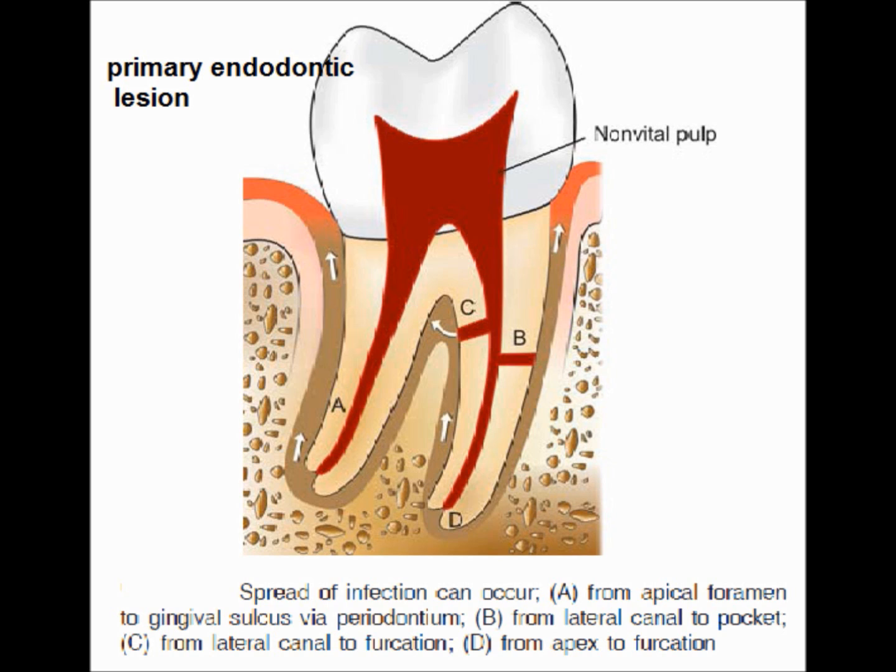Pain is not often experienced. The vitality test should reveal a necrotic tooth or, in multi-rooted teeth, one of the root canals necrotic. Treatment: because the source is endodontic, root canal treatment is essential.